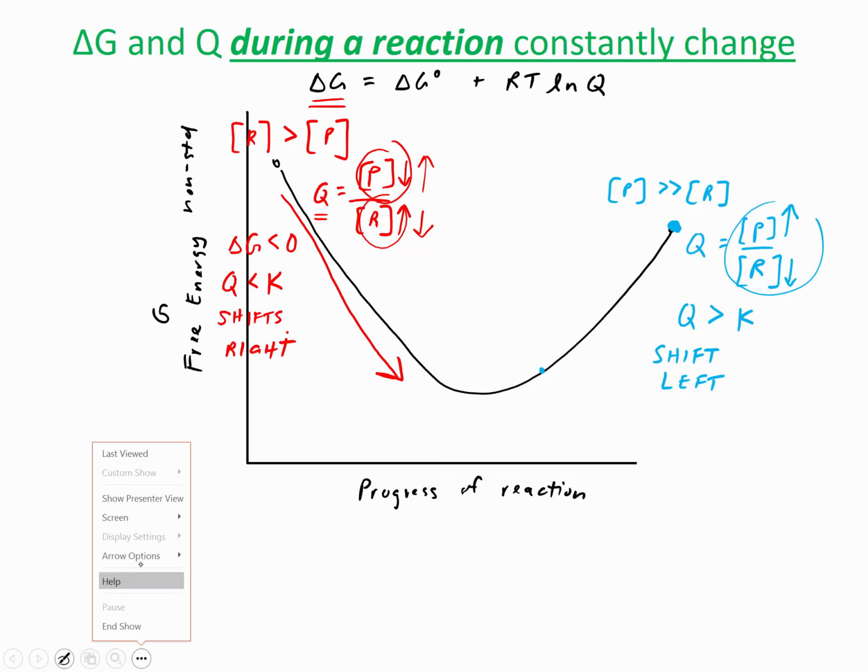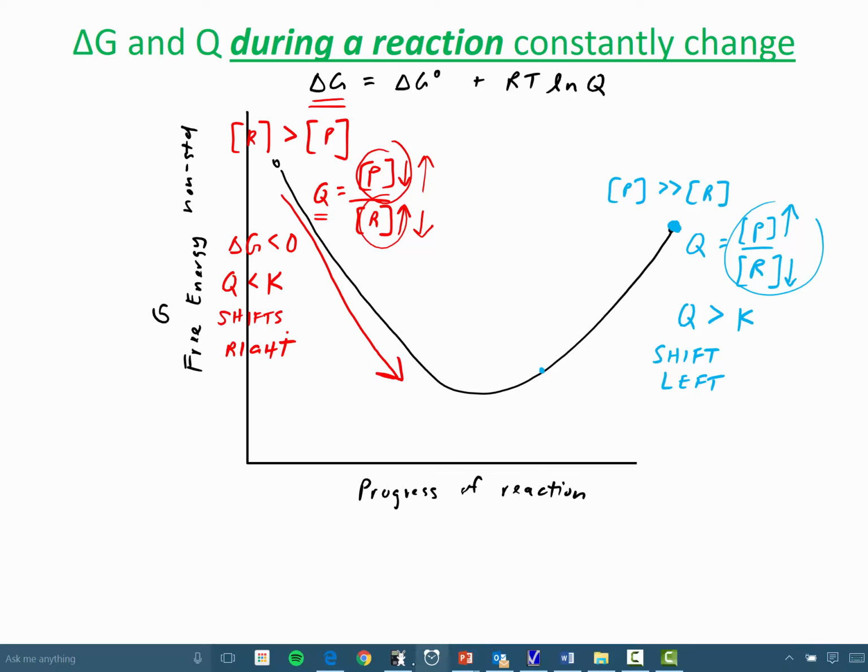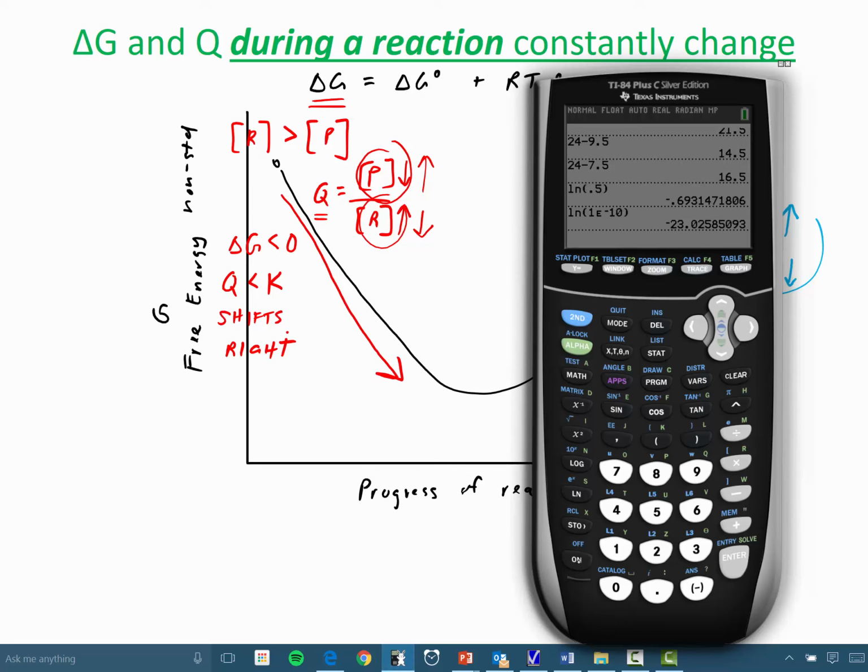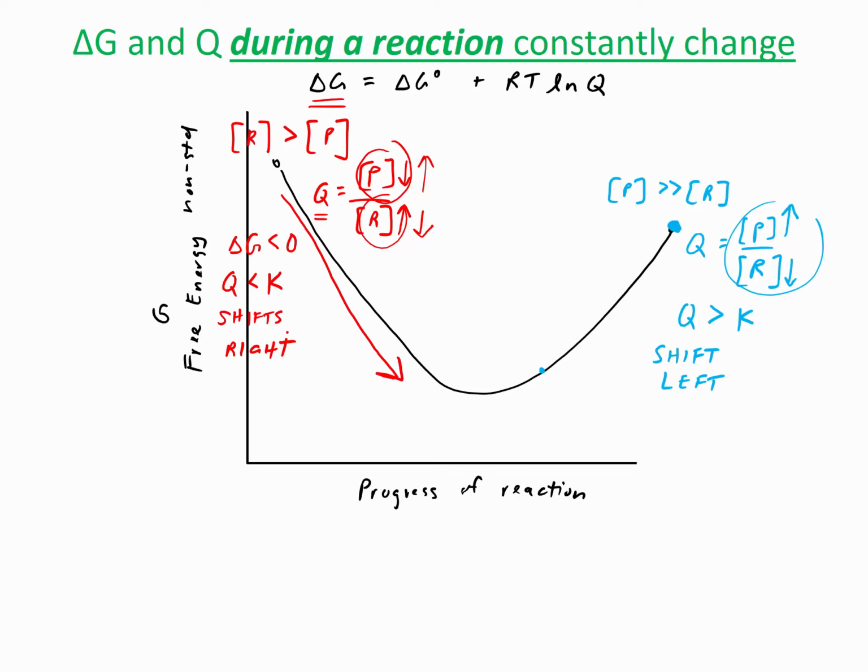So let's pull up the calculator again and take the natural log of 1 times 10 to the 10th, some huge number. Okay, and we get some huge positive number in that case. So this RT ln of Q ends up being a big positive number.